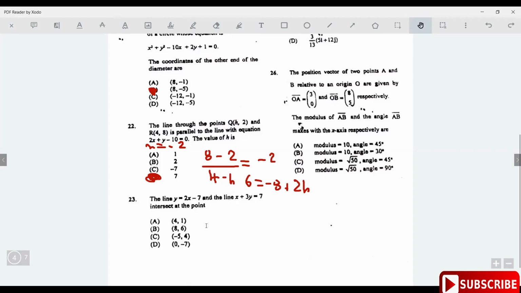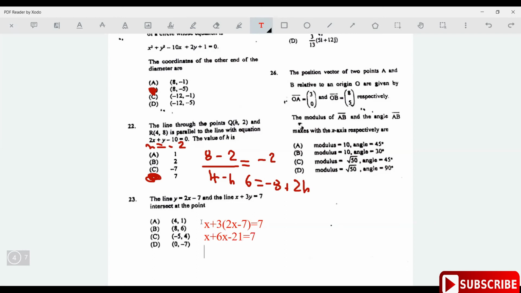Next one, it says the line this and that intersect. Solving lines simultaneously, so substitute this line into the other line to get x plus 3 times, here is y, 2x minus 7, that's equal to 7. So going down, we're going to get x plus 6x minus 21 equals 7.